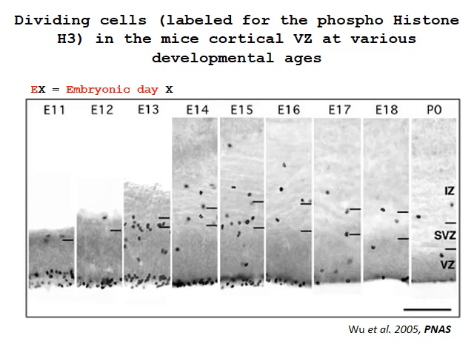In this slide you can see a more realistic picture of what's going on. These are images of coronal sections taken at different developmental stages and stained with phosphohistone H3, that is a marker of mitotic cells.